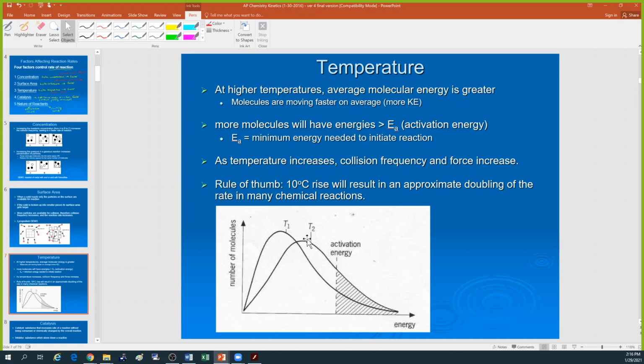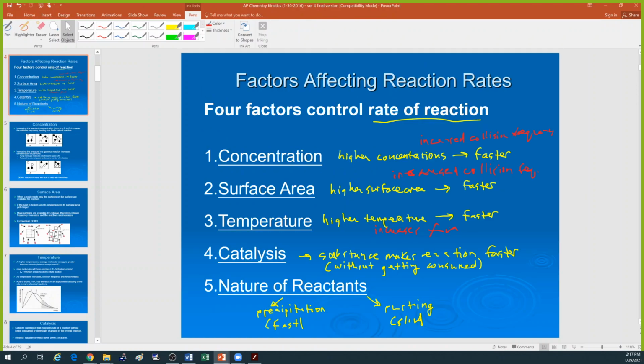But when you raise the temperature, it shifts that curve, and now a much larger fraction of molecules has the minimum energy. So as you raise the temperature, you're not only making more collisions happen, but even more importantly, more of those collisions will be effective in producing a change. And so that's how the temperature effect works. And sorry, I couldn't write it here, but my pen was really starting to be a mess.